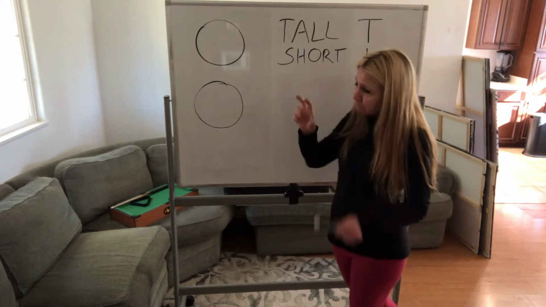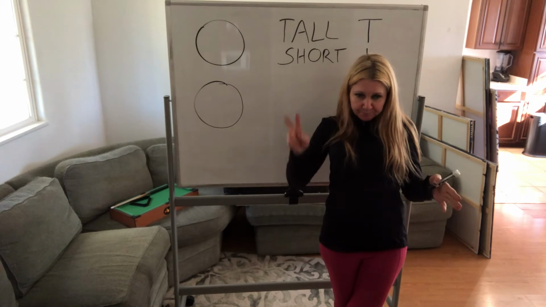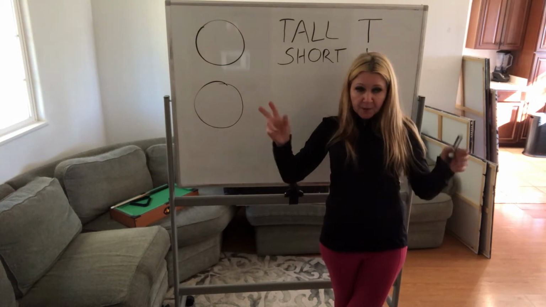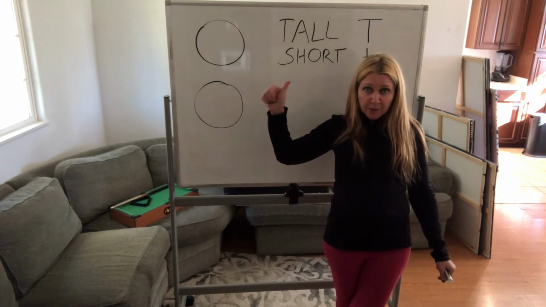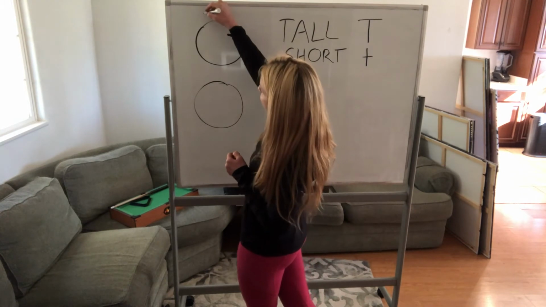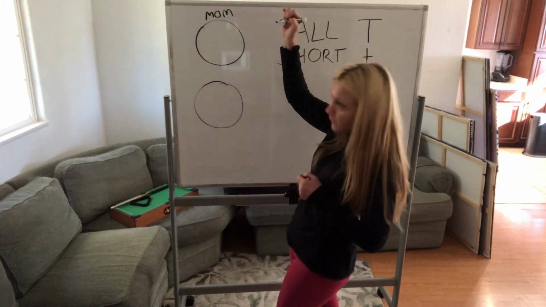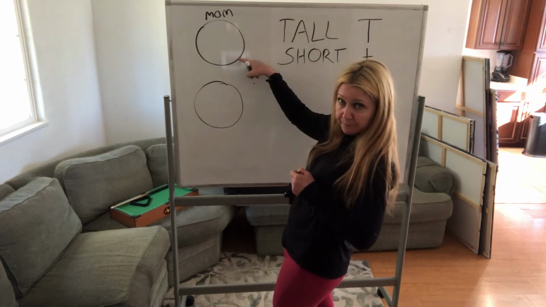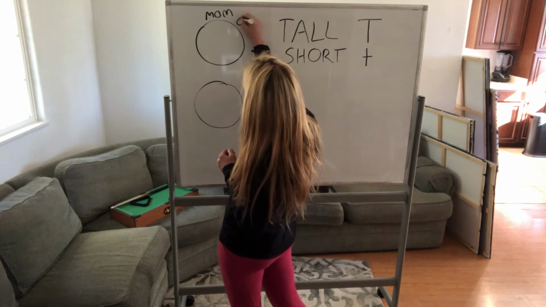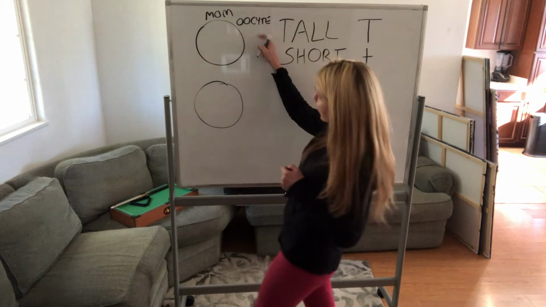Now remember, every trait has at least two forms of a gene, because you get those two forms from your mother and your father. So for example, if this is a cell from mom, this is an egg cell, also called an oocyte. Oocyte, two O's, cyte, cell.